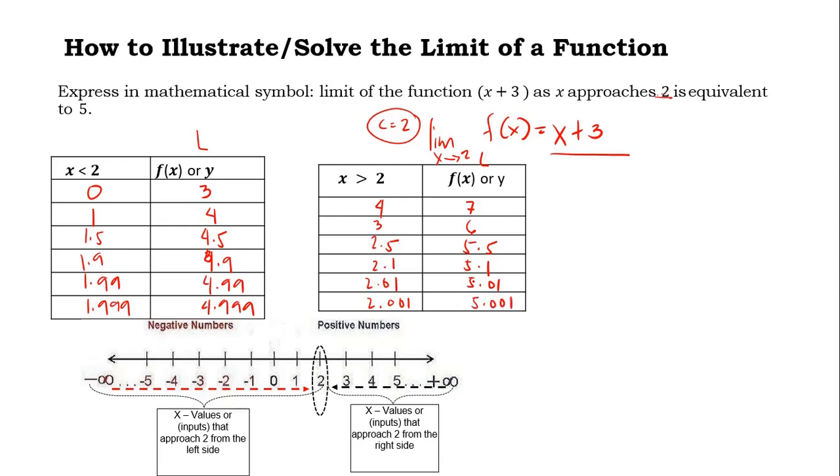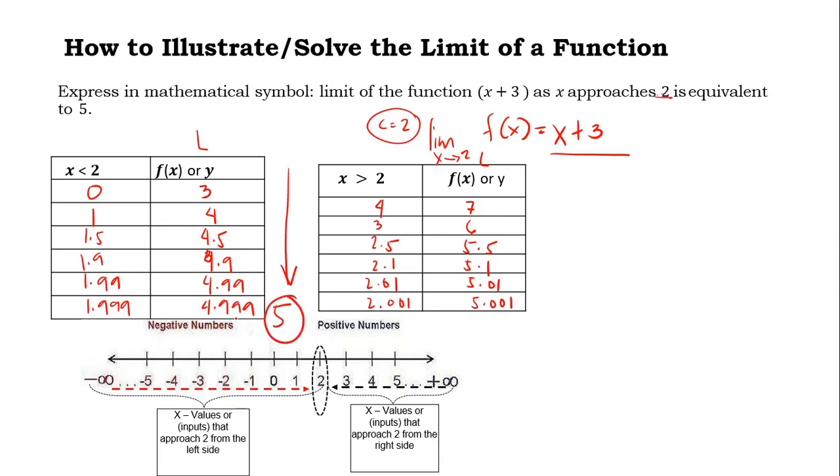Now, as you can observe, in the left side values, where does it approach? That is 5. Okay?